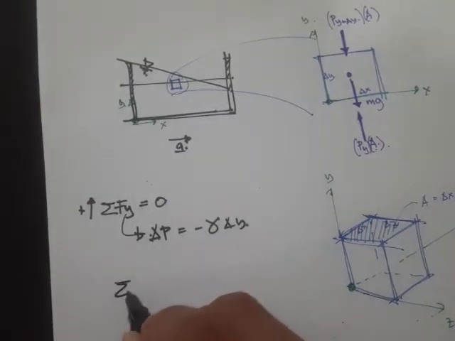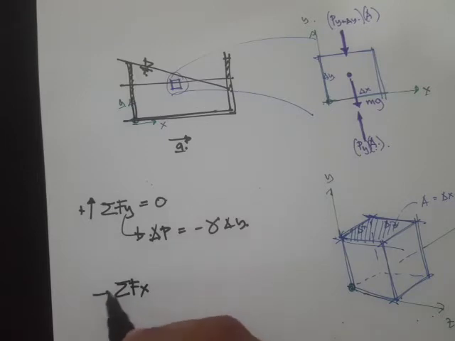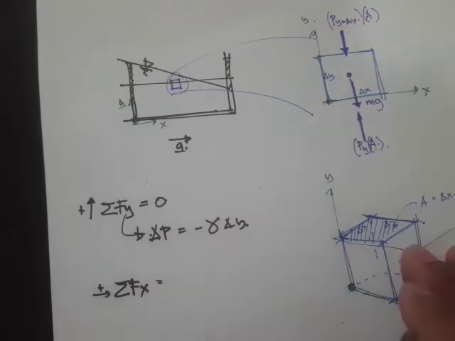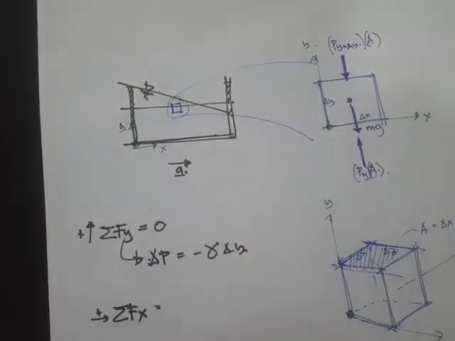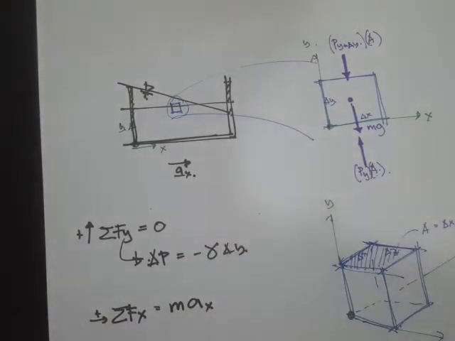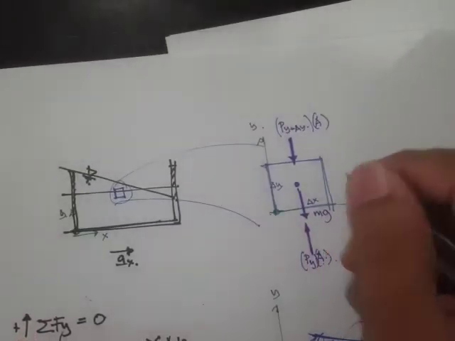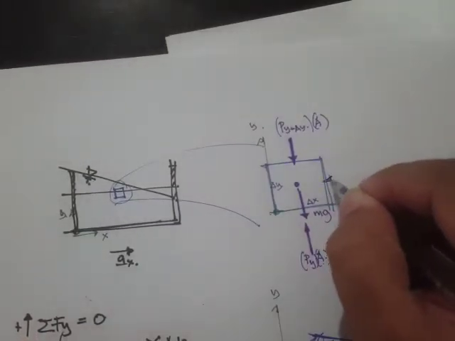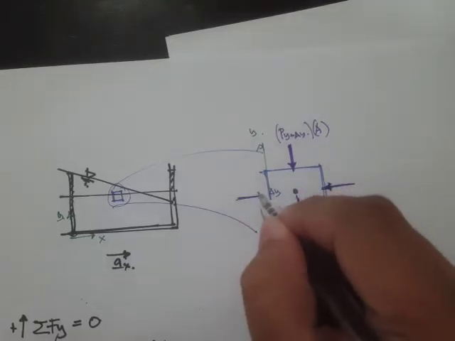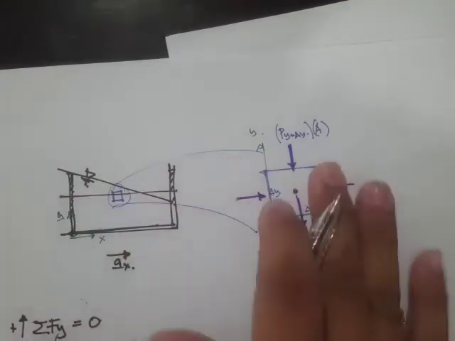But for the x direction, the summation of forces x is not equal to 0, because the container is actually accelerating. So the summation of forces along the x-axis would be m times the acceleration along the x. Now let's write the forces. We have a pressure force here, and a pressure force on this side as well.